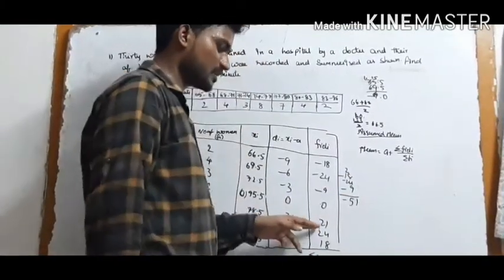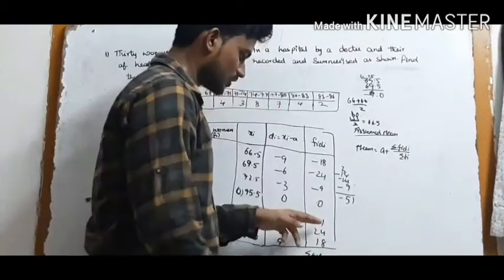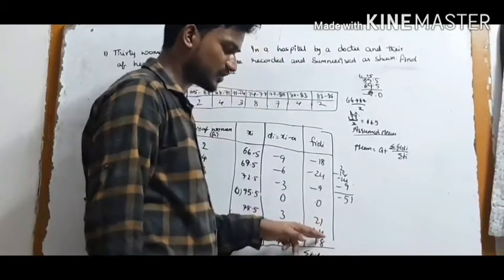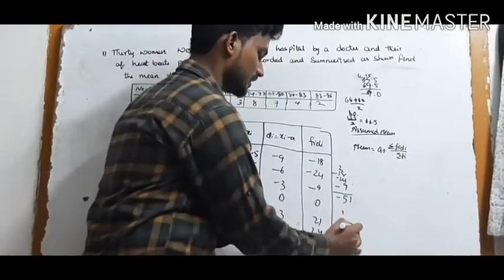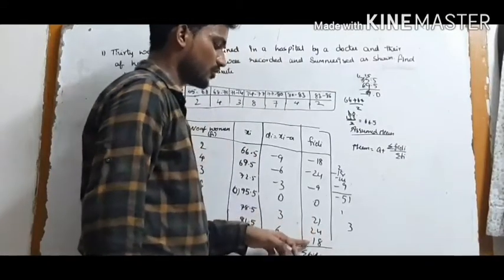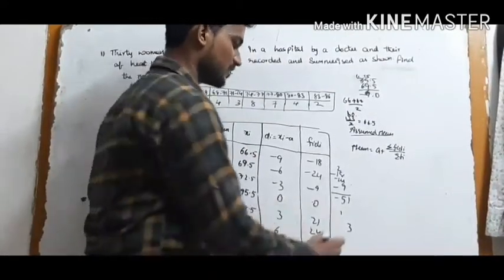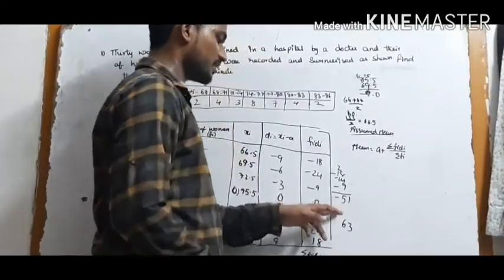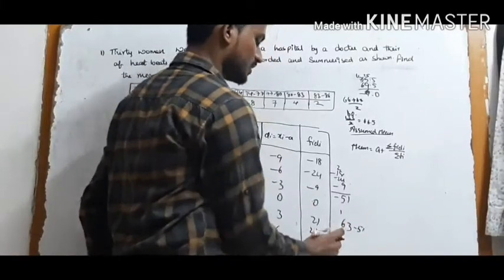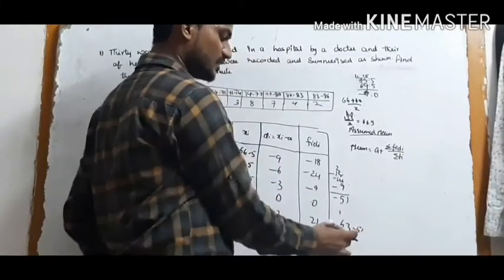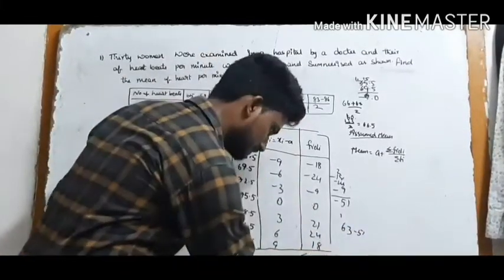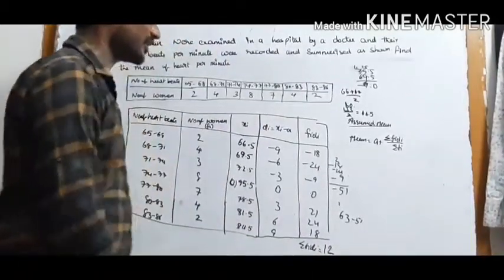And we add the plus terms: 21 plus 24 plus 18, which is 63. 63 minus 51 is 12. So 12 is the sigma Fi di.